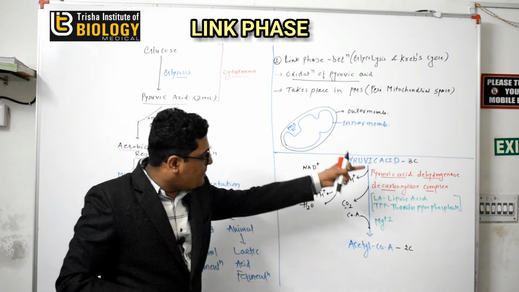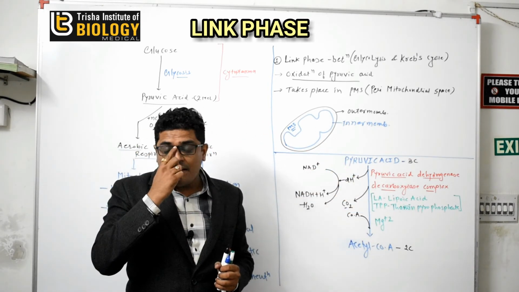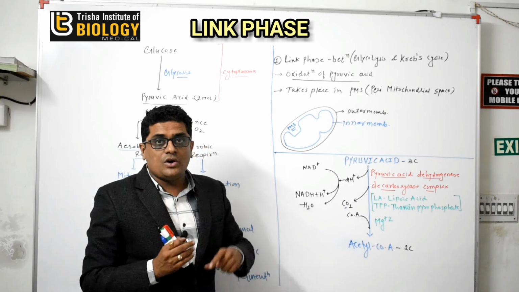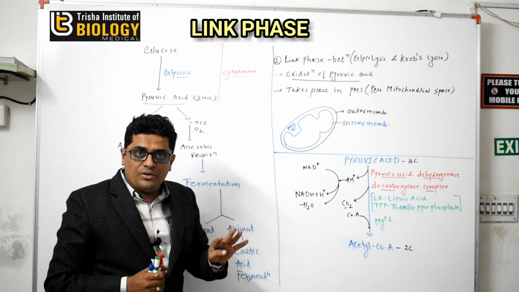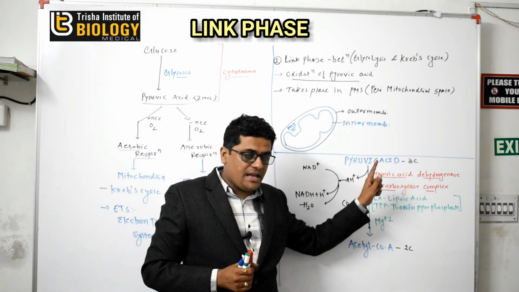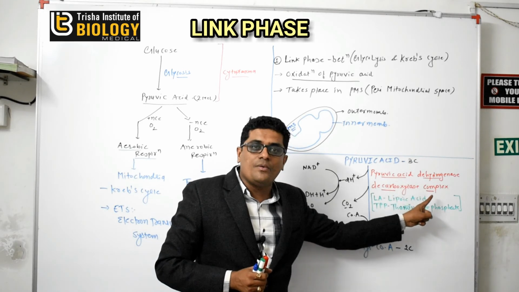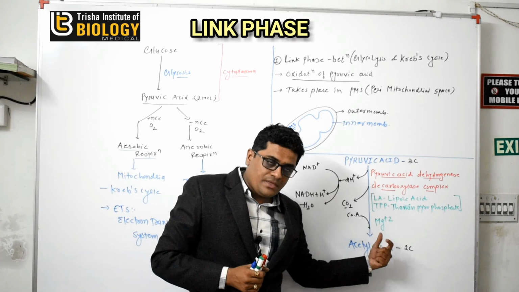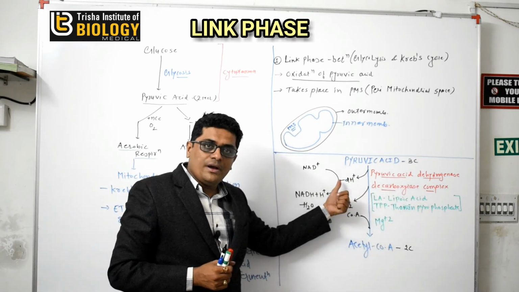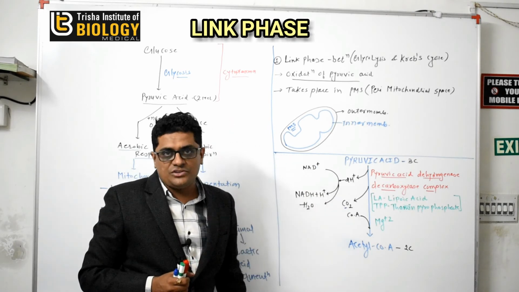So this is all about the oxidation of pyruvic acid. First, where does it take place? In the peri-mitochondrial space. Pyruvic acid, with the help of pyruvic acid dehydrogenase decarboxylase enzyme complex in presence of lipoic acid, TPP and Mg+2, loses hydrogen; that hydrogen is accepted by NAD and NAD is converted into NADH2.